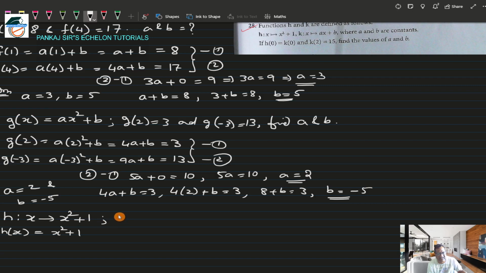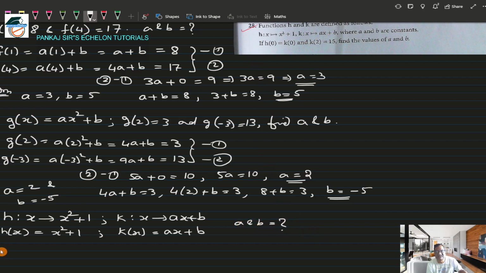Another function given to you is k, x arrow mark ax plus b. Now this can be written as k of x equal to ax plus b, right? And now they have asked you to find out a and b. What are the values of a and b?